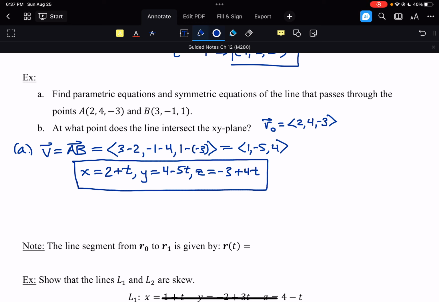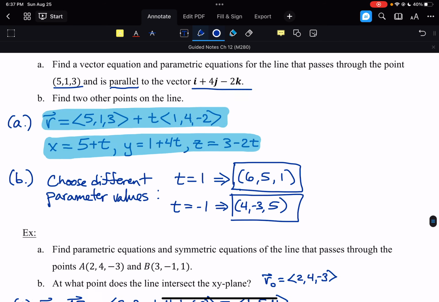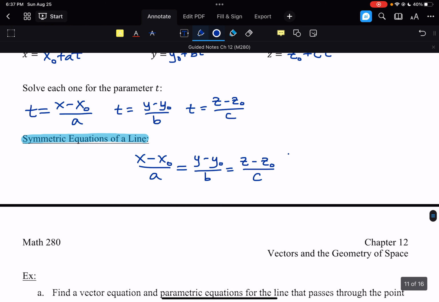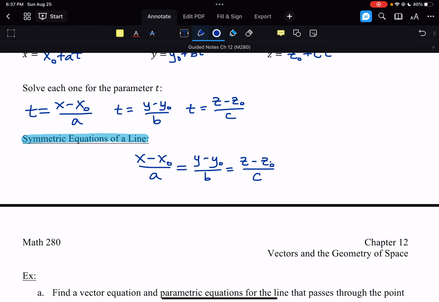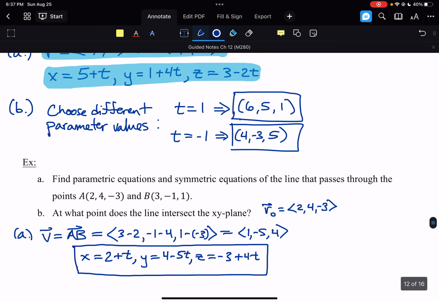Then to get the symmetric equations, you can think about it in 2 ways. So you can go ahead and do the subtraction, right? Solve for t, so subtract and divide everywhere that you need to. Or if you just remember the general form here. So again, you get x naught, y naught, z naught from the r naught. You get a, b, c from the direction vector v.